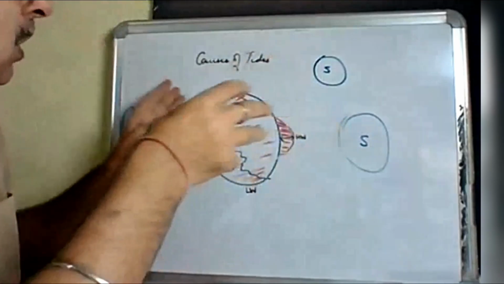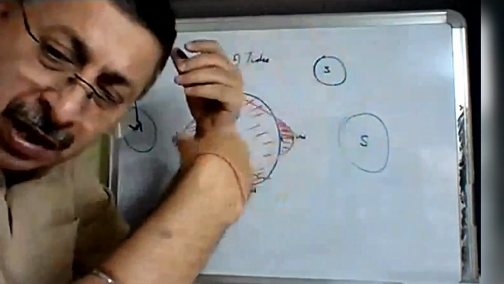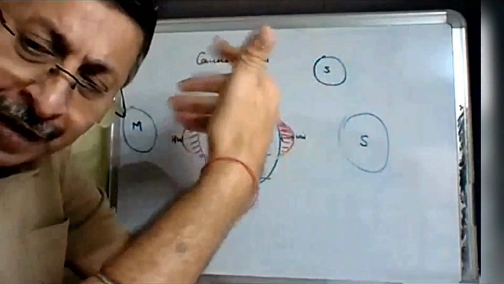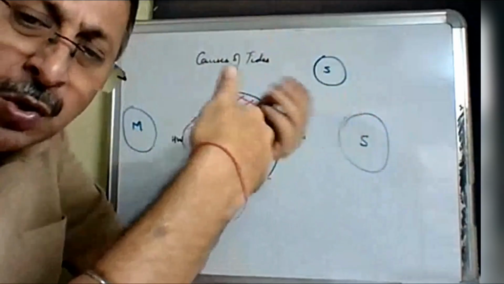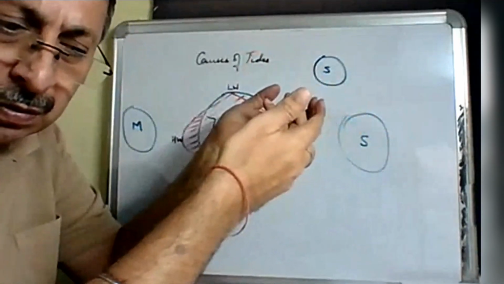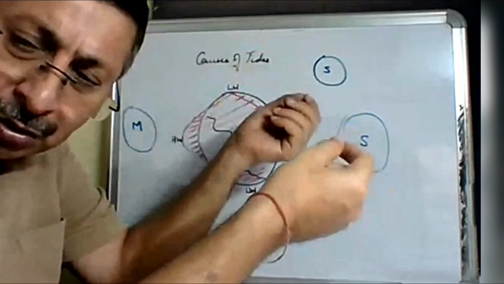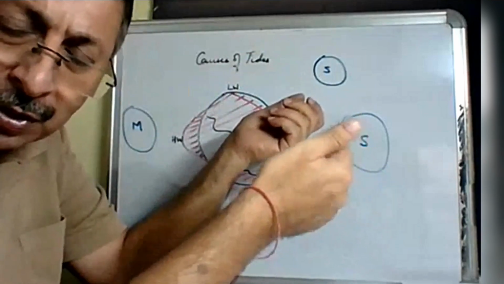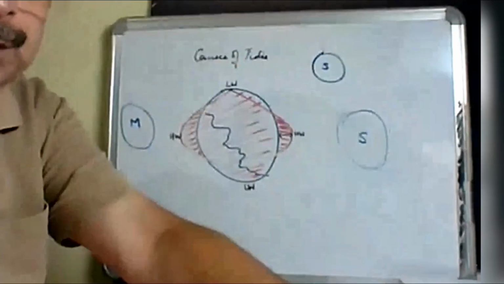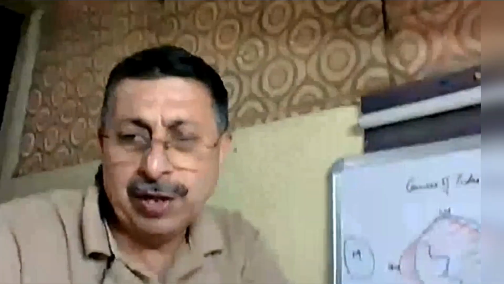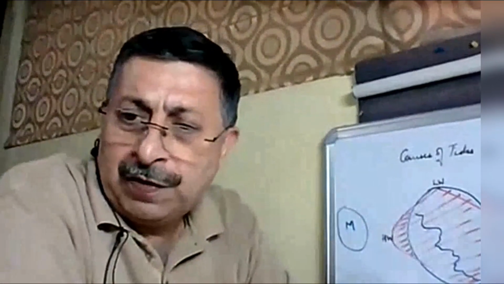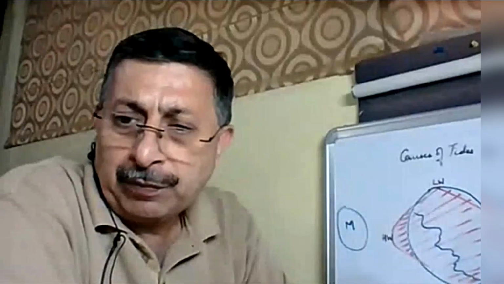So what I'm trying to say is all these are the various factors which go into causing a tide at a certain location on Earth. There are so many causes, and all of them need to be checked and calculated.